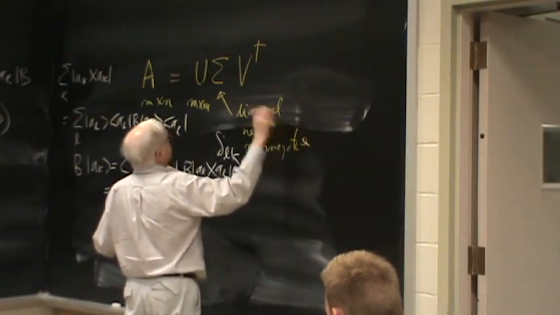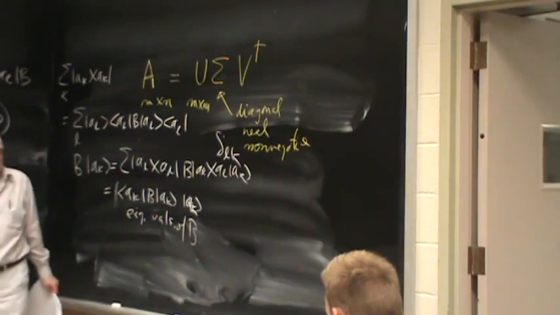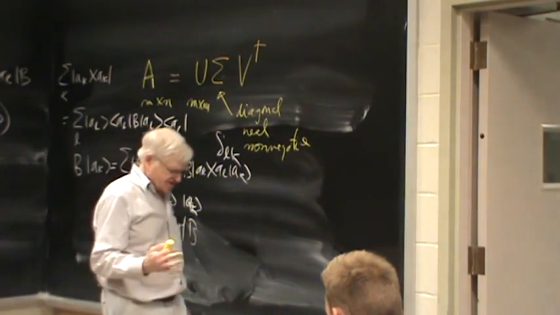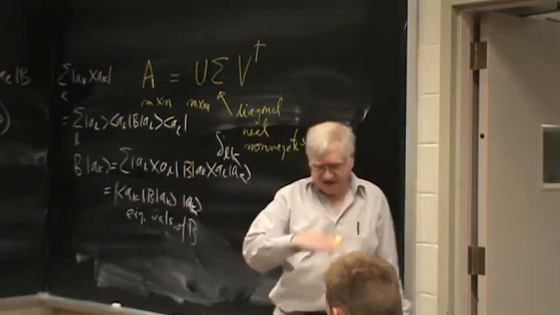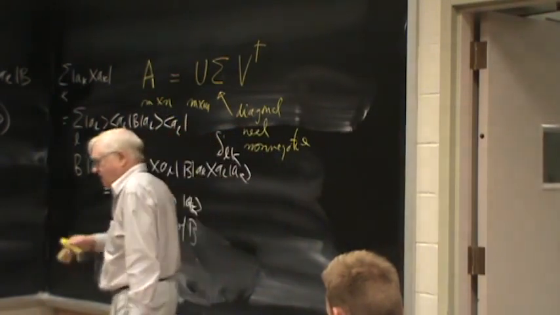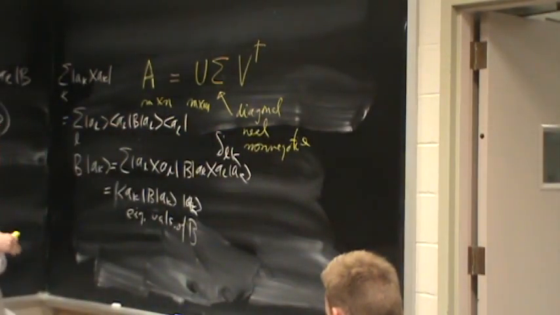In other words, sigma is in general a rectangular matrix, but on its main diagonal, which of course if the matrix isn't square, doesn't hit the opposite corner, it runs into the side, or it runs into the bottom.